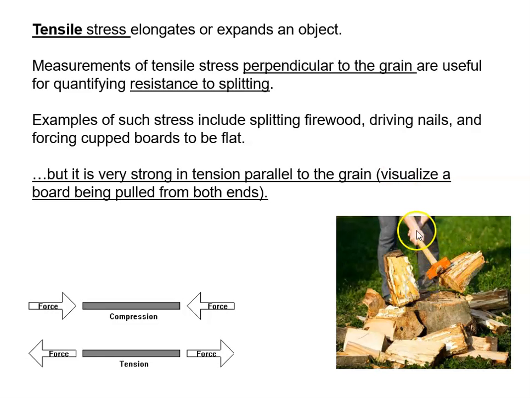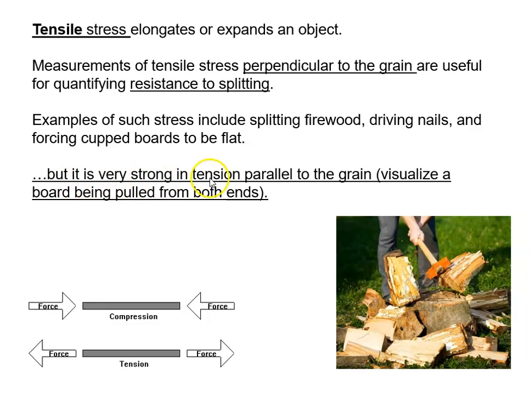So the grain is running up and down, but it is being pulled perpendicular to it. I guess the axe is coming in parallel to the grain, but the splitting that is occurring is perpendicular. The forces are coming out in each direction, left and right, even though the axe is coming down parallel to the grain, but it is being split, pulled apart, perpendicular to the grain.